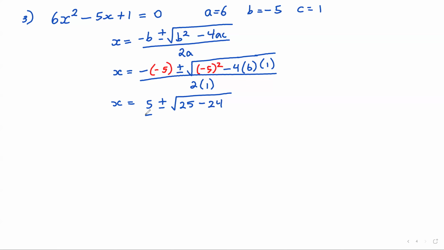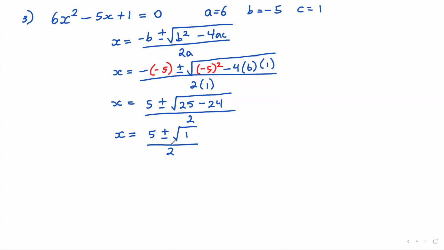So all of that will be 25 take away 24. 2 times 1 is 2. So simplifying again would be 5 plus or minus the root of 25 take away 24, which is 1, all of that over 2.